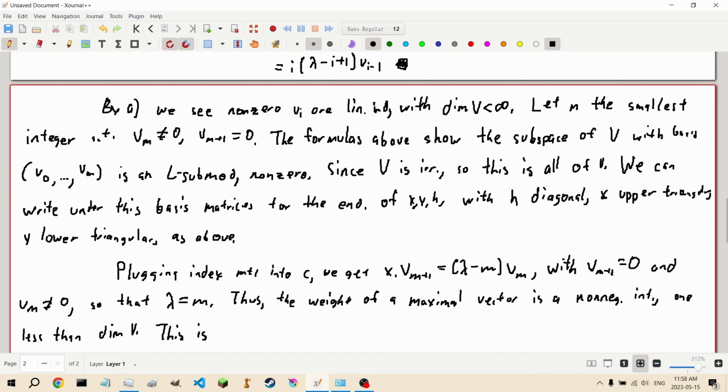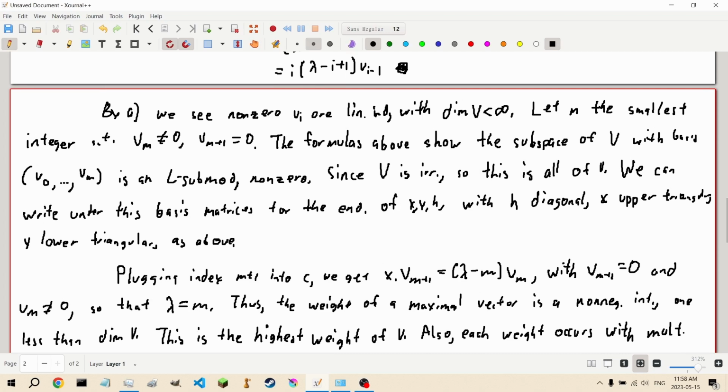This is our highest weight from last time, the highest weight of V. Also, as we expected from last time, each weight occurs with multiplicity of 1.